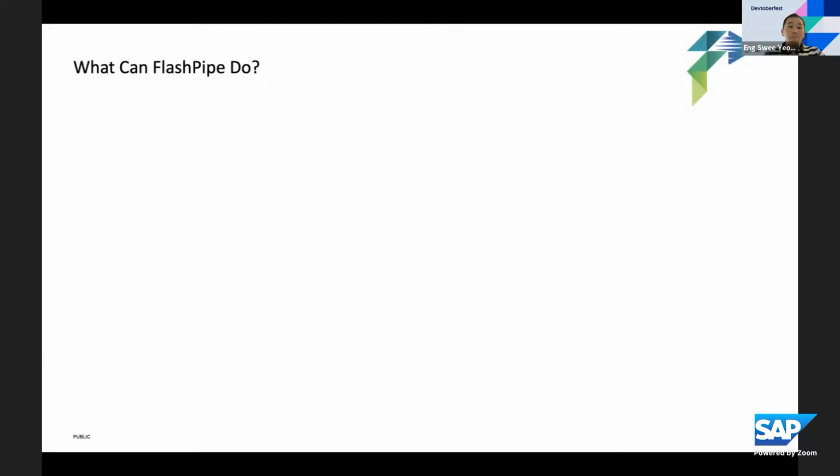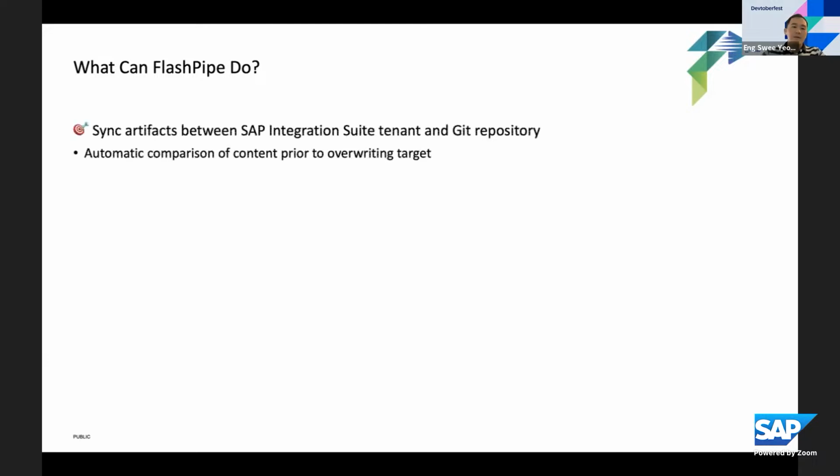Now, more importantly, what can FlashPipe do? One of the key features of FlashPipe is it can sync artifacts between an SAP Integration Suite tenant and a Git repository. Built in, there is a capability to automatically compare the content between the source and the target before overwriting the target.